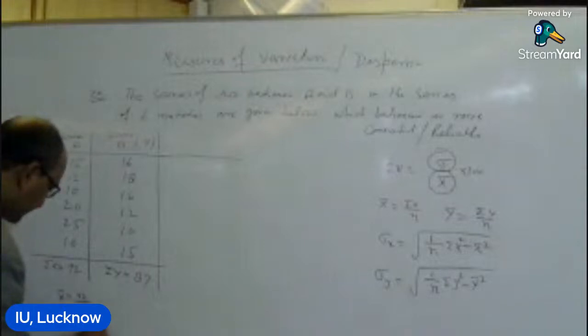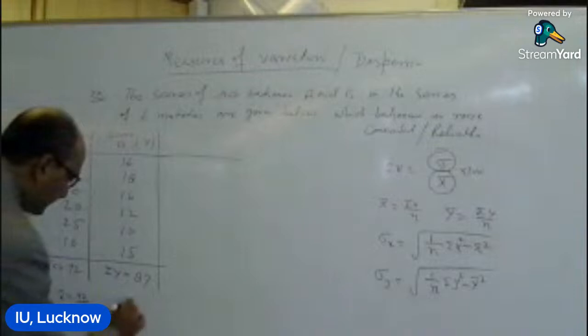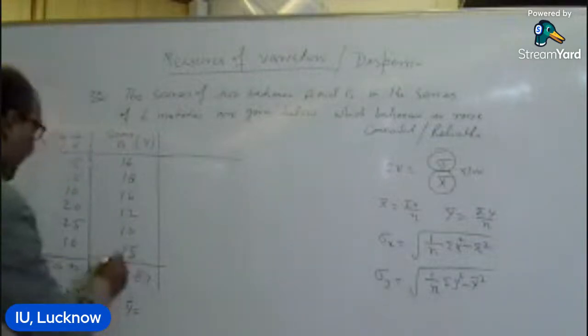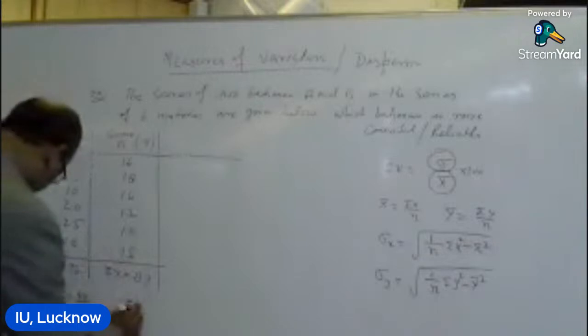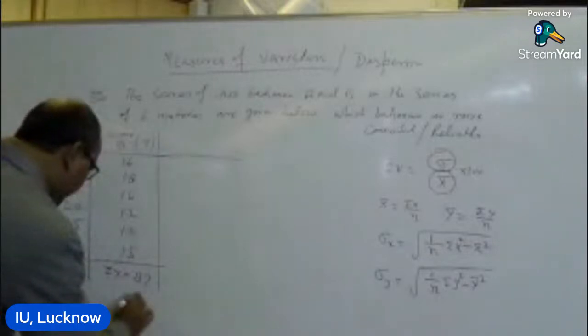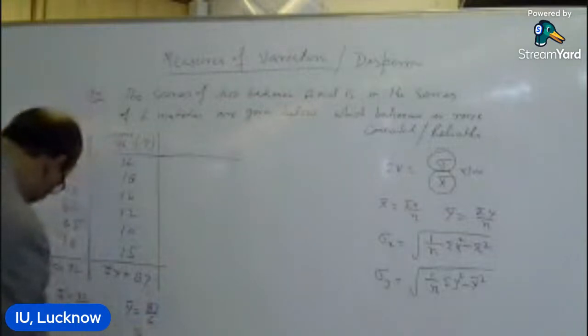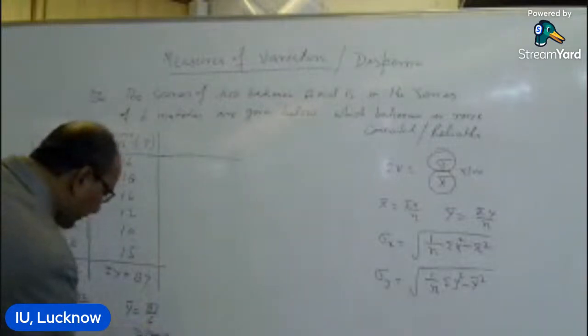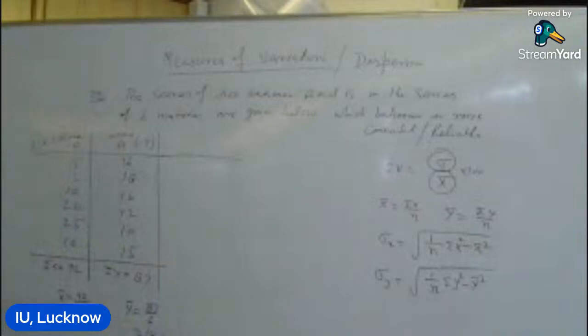And the mean of player y, this is summation of y, that is 87 divided by 6, and this will be 14.5. So this is the average score. Average score of player A is 15.33 and average score of player B is 14.5.